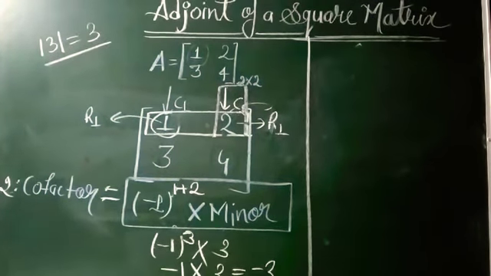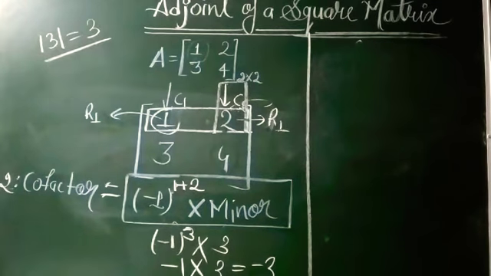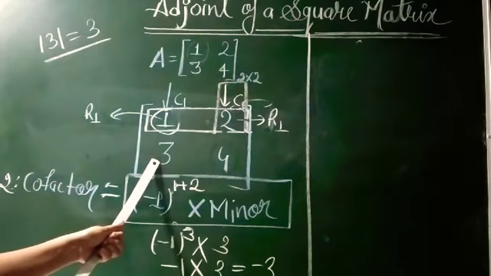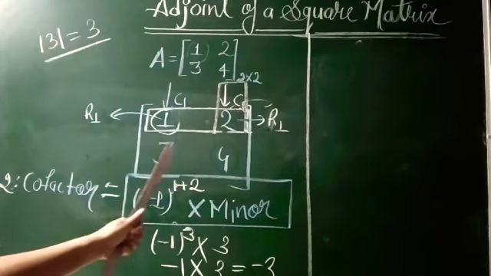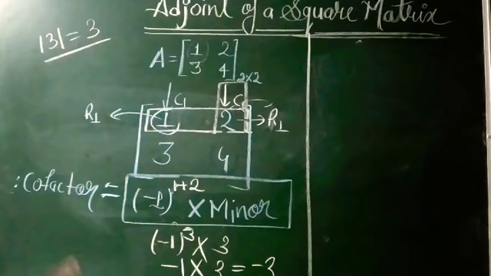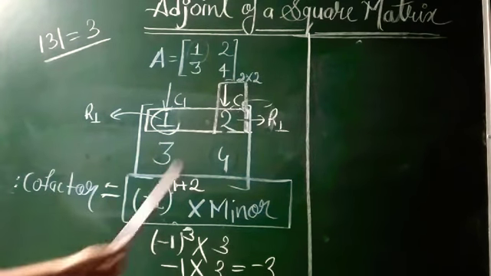Now try to find first: pause the video and try to find the minor and cofactor of 3 and 4.